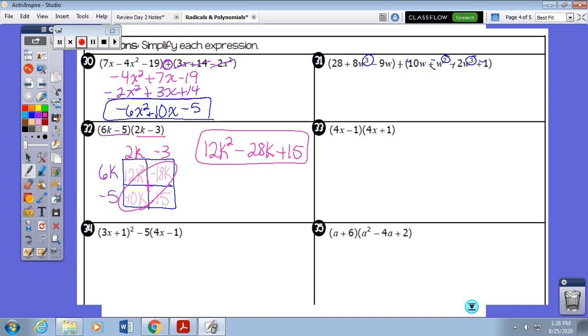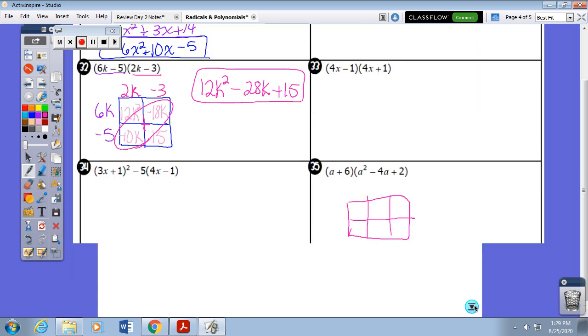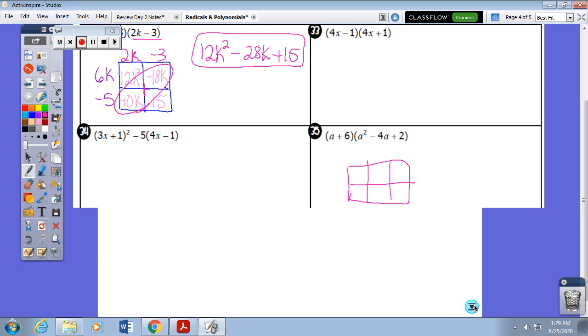Okay, this is all review from last year, so hopefully it starts to come back to you. 35, if you're doing the box method, I would make a 2 by 3 box. 34, you're going to have to distribute this and do a 2 by 2 box here as you work through it.